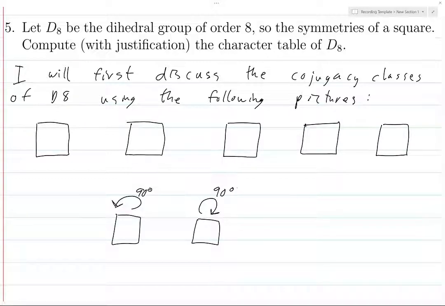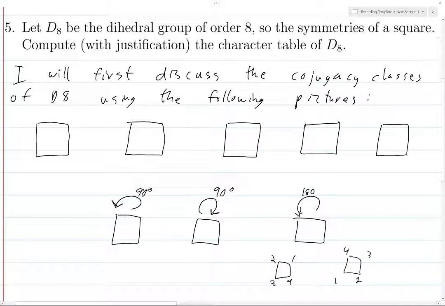And if you were to do something like flip 180 degrees, like 1, 2, 3, 4, and then go to 1, 2, 3, 4, then sure, this is a group action, and you can get it by turning 90 degrees twice, but this thing itself cannot be represented as a rotation by 90 degrees.